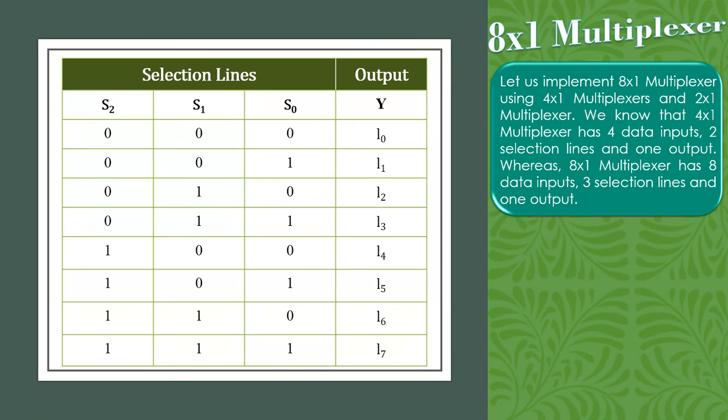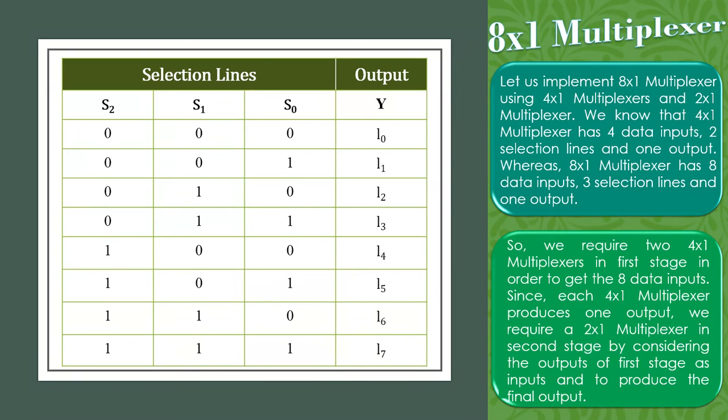We know that a 4 into 1 multiplexer has 4 data inputs, 2 selection lines and 1 output, whereas an 8 into 1 multiplexer has 8 data inputs, 3 selection lines and 1 output. So this is the variation.